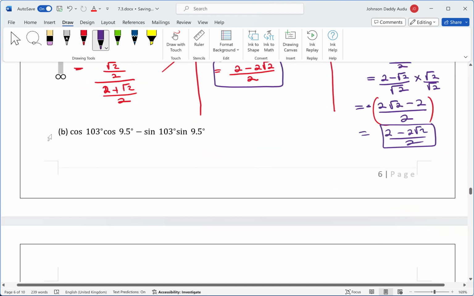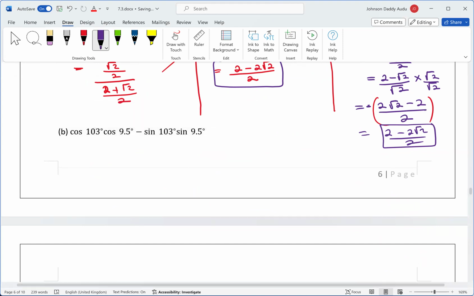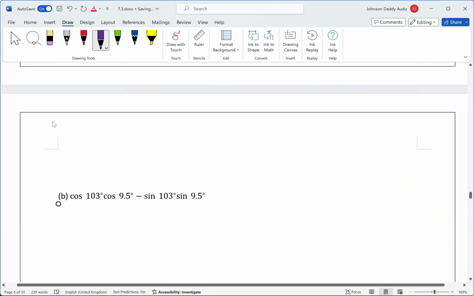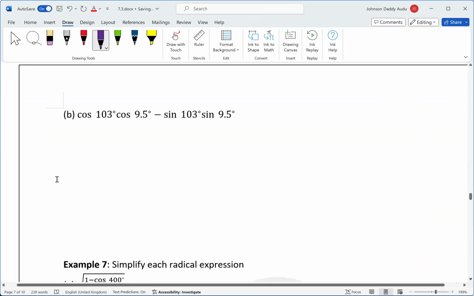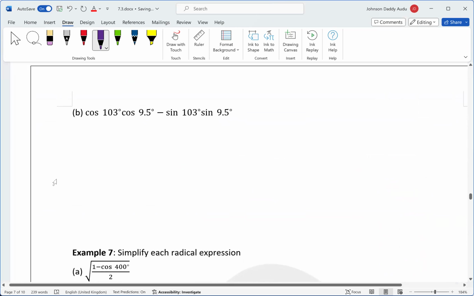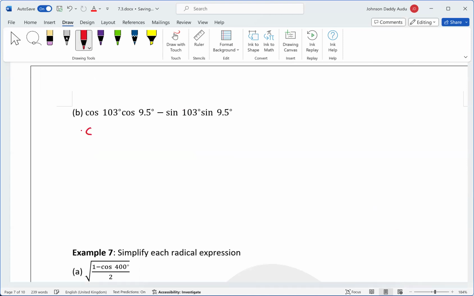The next question is you have sine or cosine. So you have a combination of cosine and sine. But you can see that the cosine comes first before the sine, right? So this simply means we can write this as cosine of what? 103 degrees plus, right?